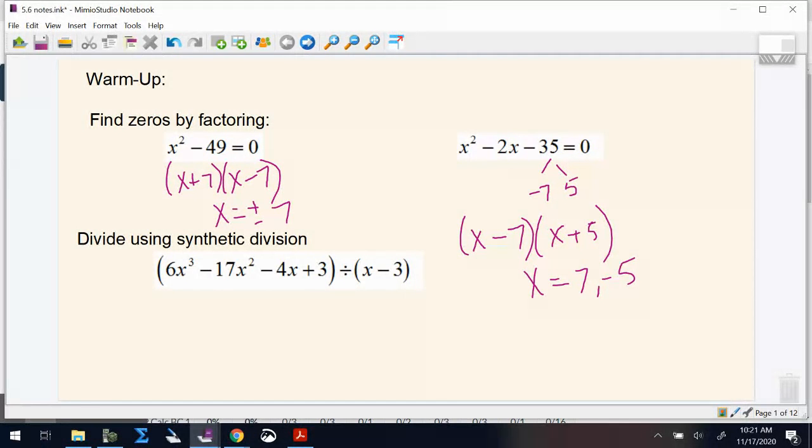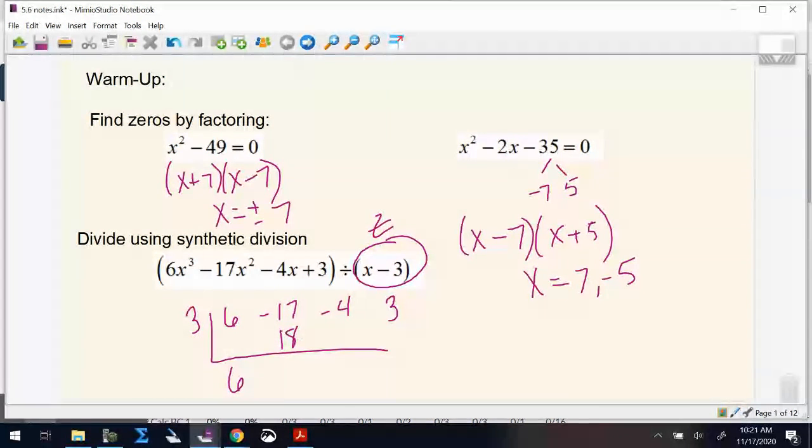These are my x-intercepts. For the synthetic division, first of all, we don't even know if it is going to end up being a factor. We don't know if we'll get a remainder until we work through it. So we're going to put our coefficients across the top, 6, negative 17, negative 4, and 3. We're going to divide by the 0 of this binomial, so that's 3. So we're going to drop down 6, multiply, add, multiply, add, multiply, add.